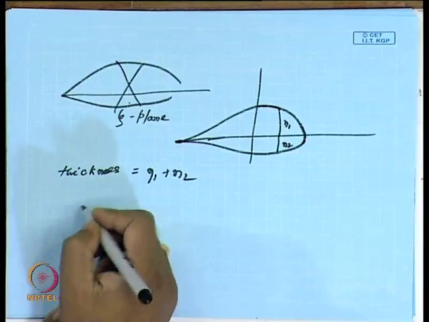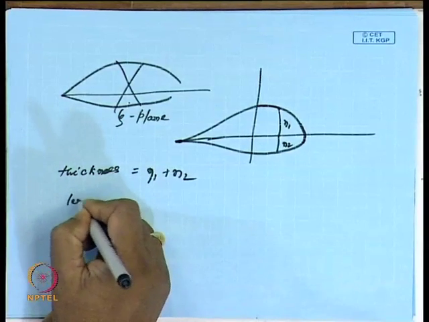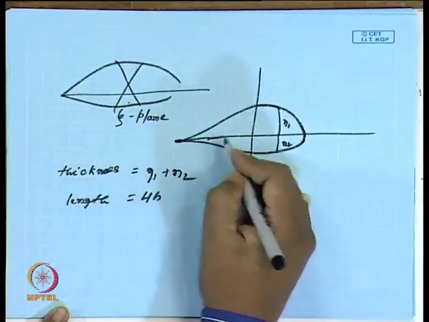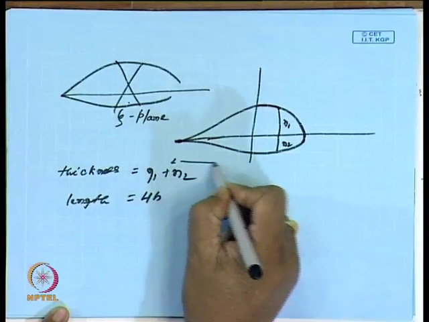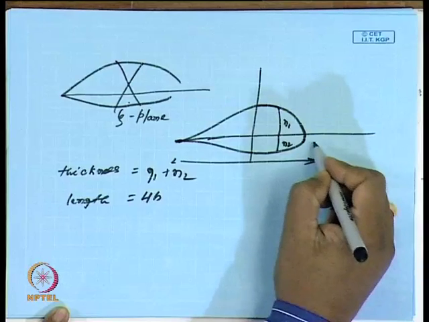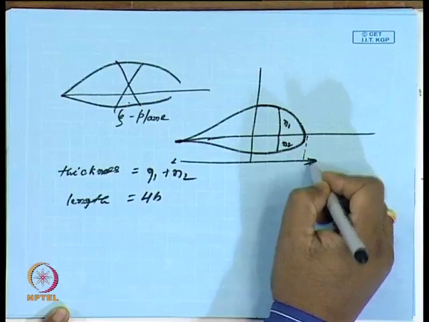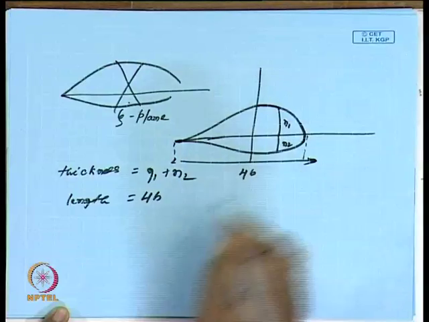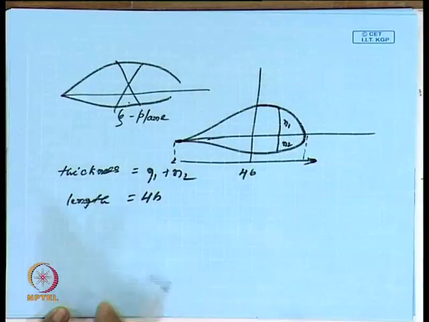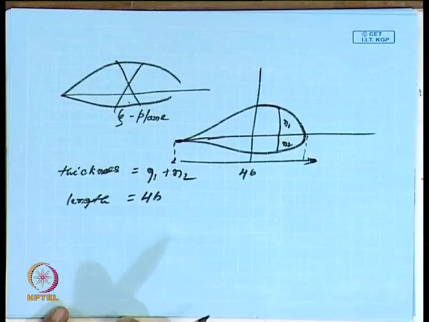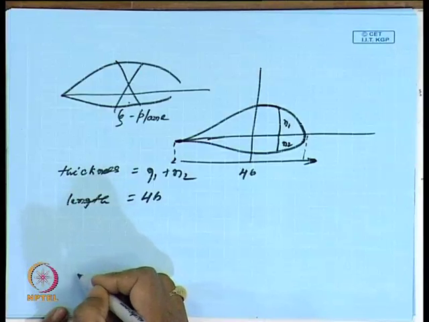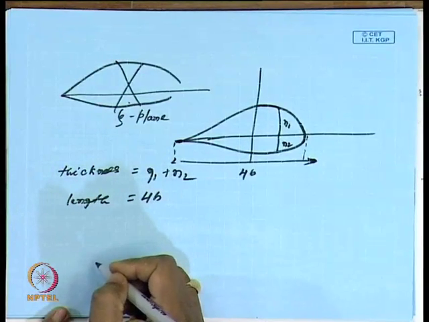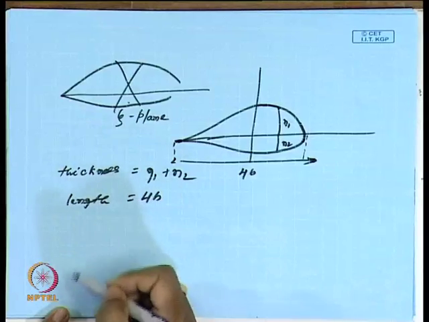And then what will be my total length? Length will be 4b. So this total distance is 4b, just because 2b, 4b, and the length is 4b and the thickness will be eta 1 plus eta 2.